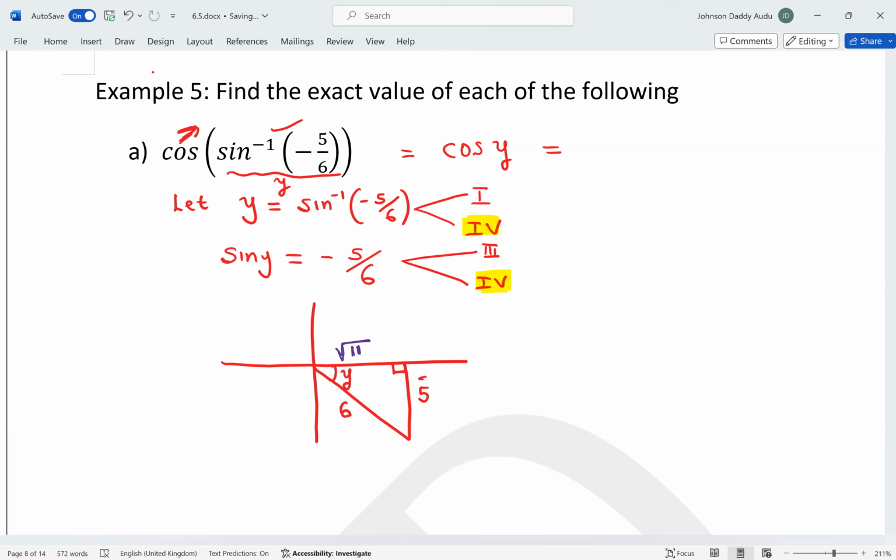Remember, cosine is just x over r, which is adjacent over the hypotenuse. So this is just root of 11 over 6, and we're done. All right, and we know that we're in the fourth quadrant, so cosine should be positive.